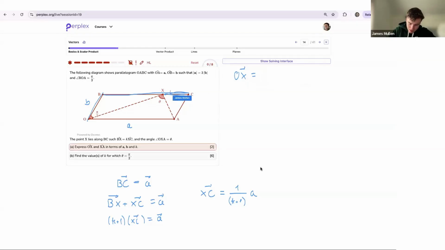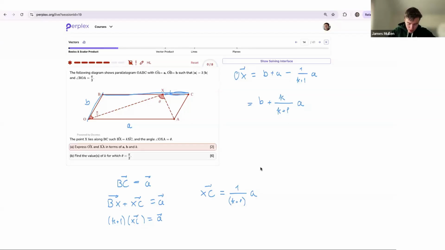And that's going to be b plus a minus 1 over k plus 1 times a. And that simplifies to b plus, if I have a, that's going to be k plus 1 over k plus 1, I subtract 1, it becomes k over k plus 1 times a. All right, so that's my expression for OX.